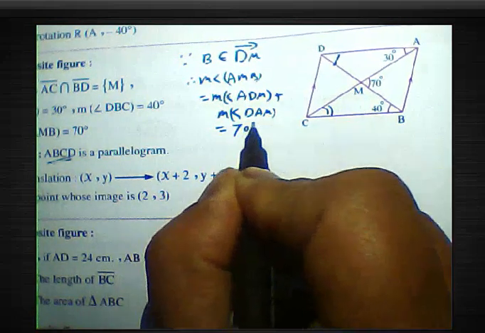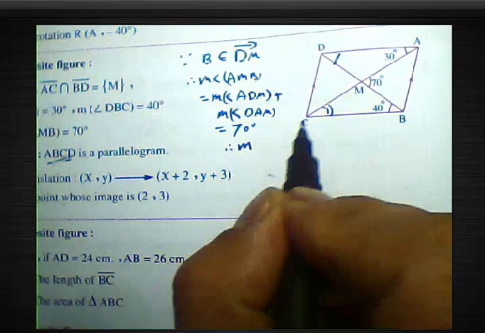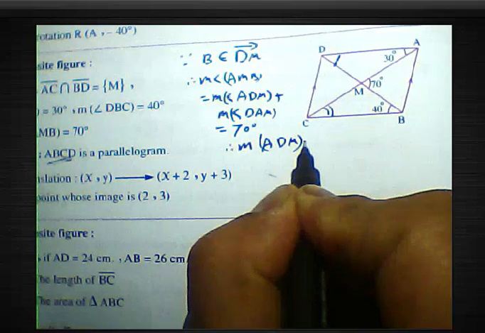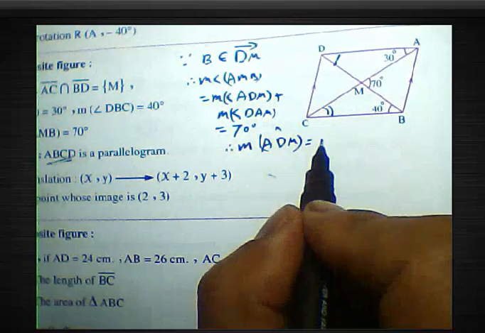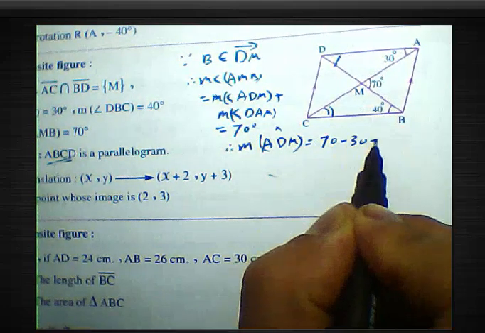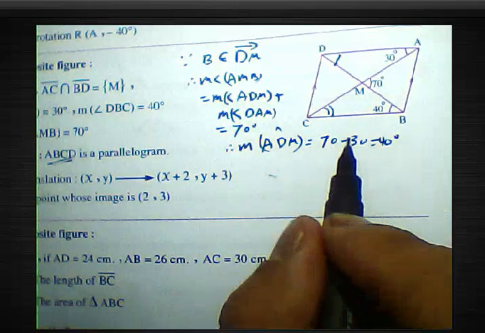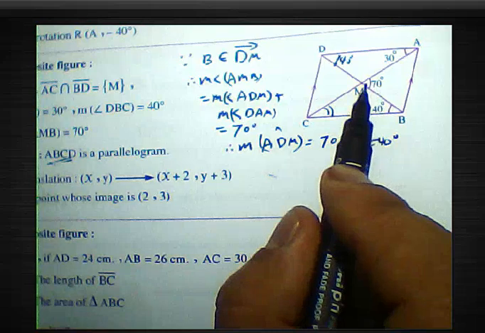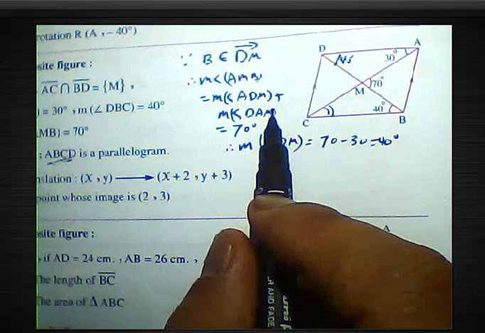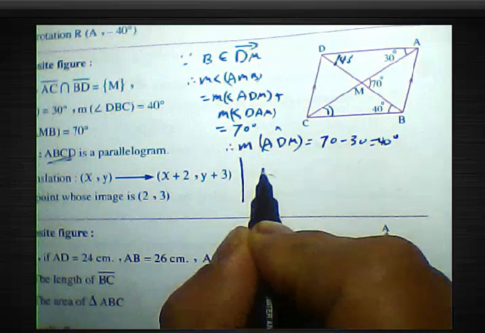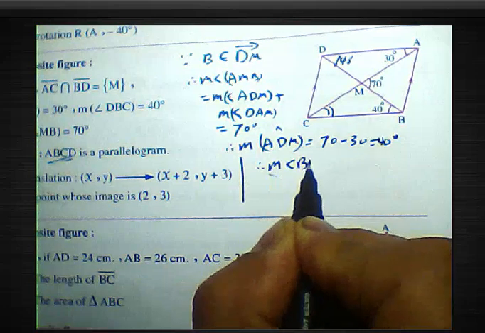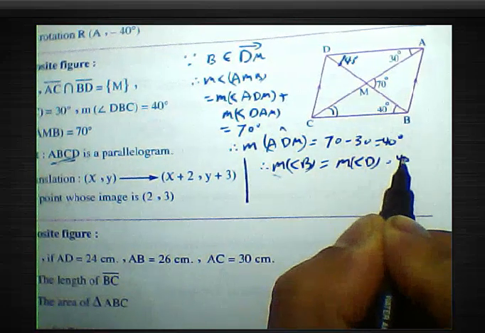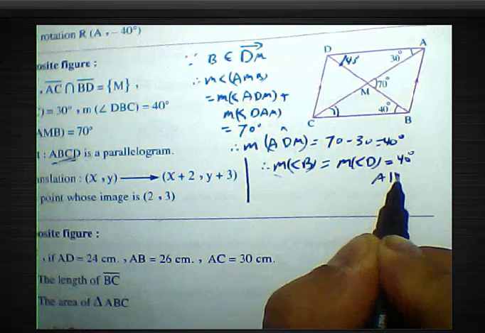70 degrees. Then the measure of angle ADM, what will it be? 70 subtract 30 equals 40 degrees. Okay, it will be 40 degrees because 70 is the exterior angle of this triangle. Then the measure of angle B equals the measure of angle D, equal to 40 degrees, alternate angles.